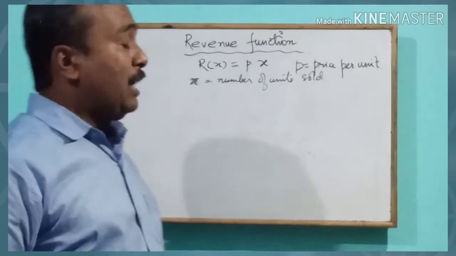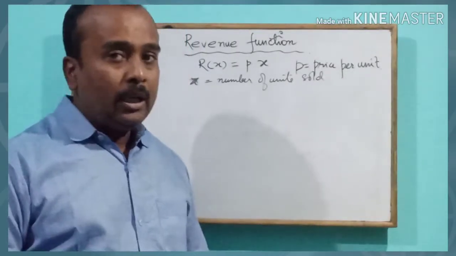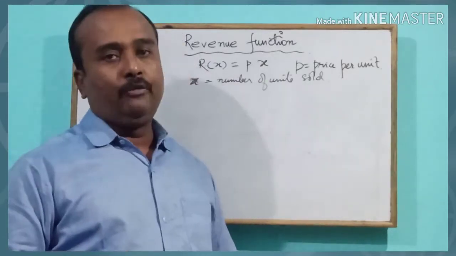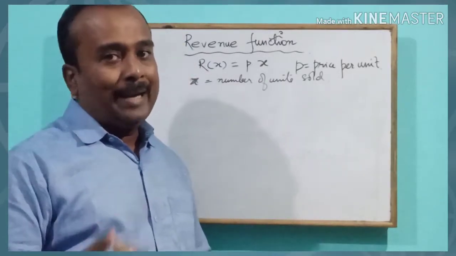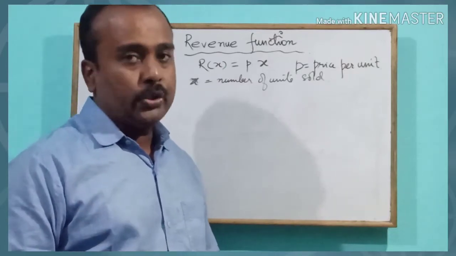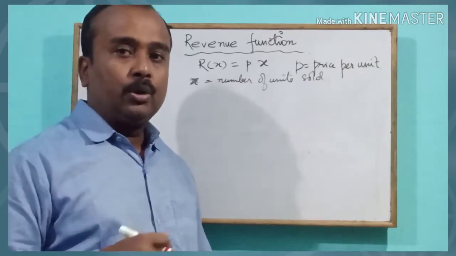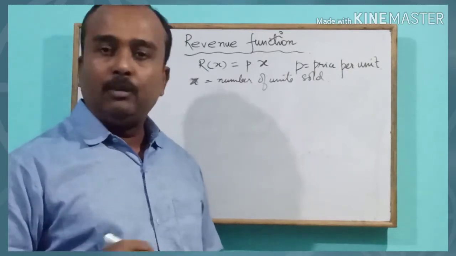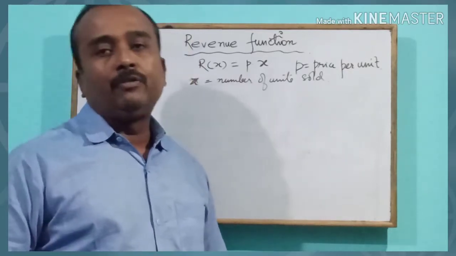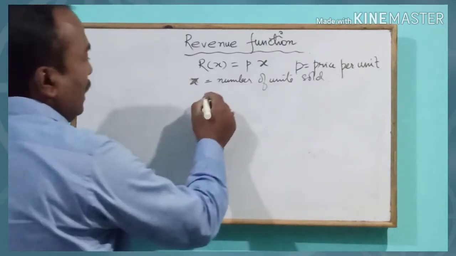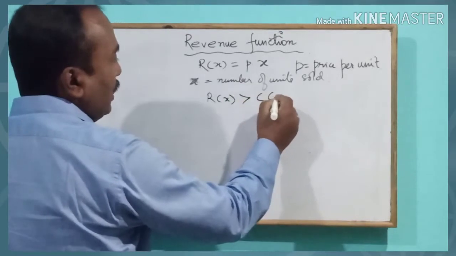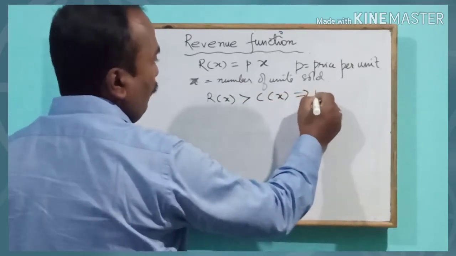Now, once we have understood what is revenue function, we can easily find out the profit. Obviously, revenue minus the cost, if it is more than 0, if it is positive, obviously it will be profit. If it is negative, it will be loss. That means if revenue function is greater than cost function, it implies profit.